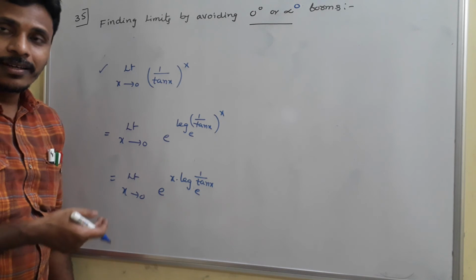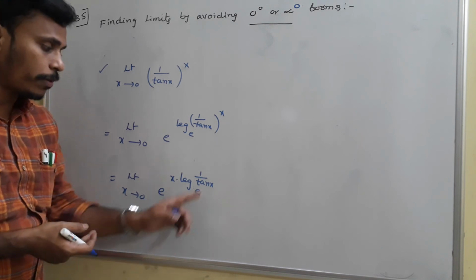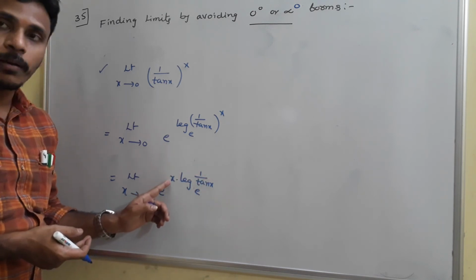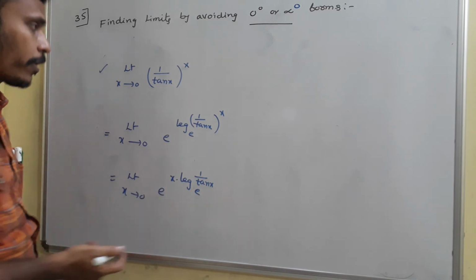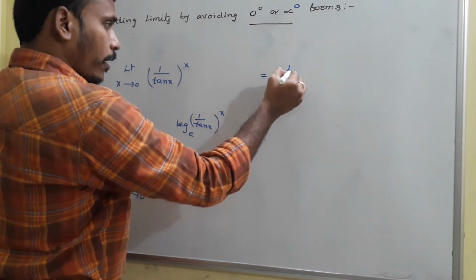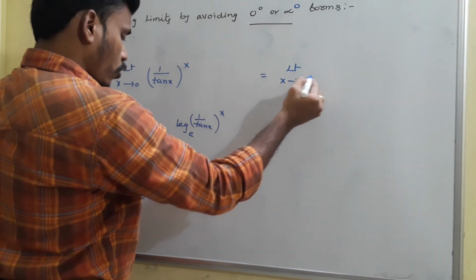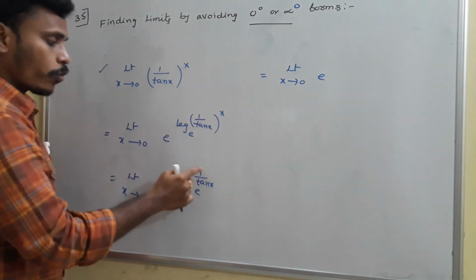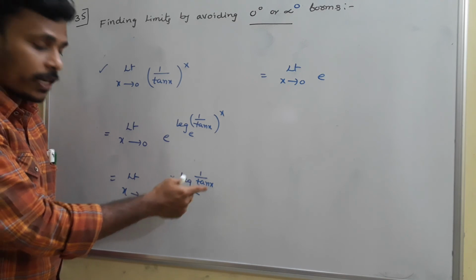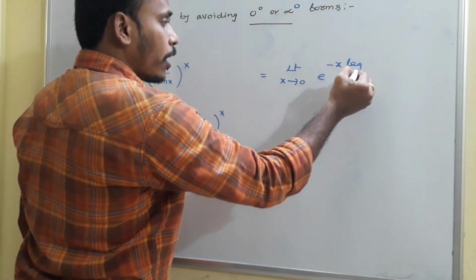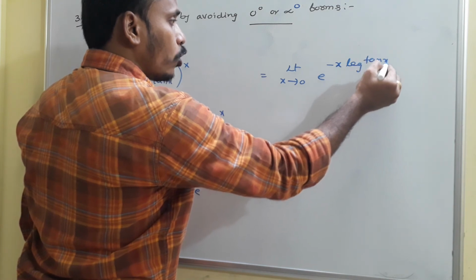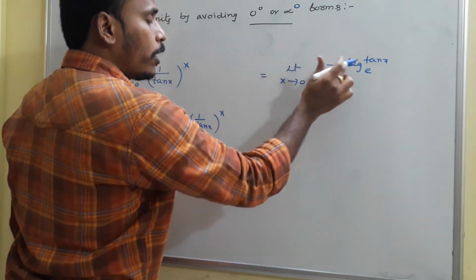Tan x to the power minus 1 gives minus x log tan x. So this is limit x tends to 0 of e power minus x logarithm of tan x to the base e.